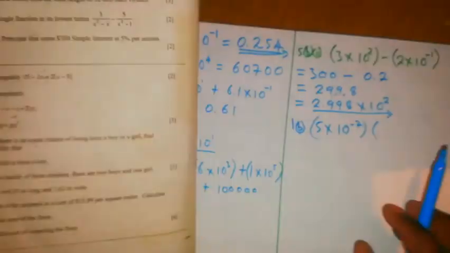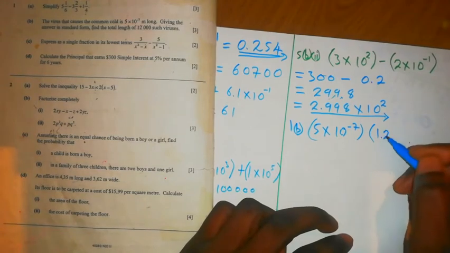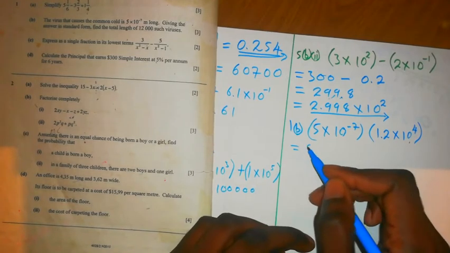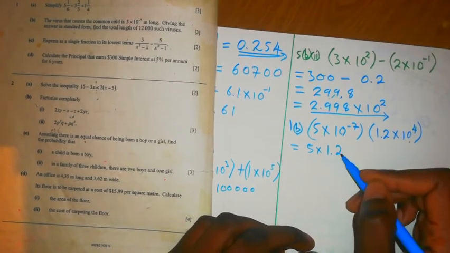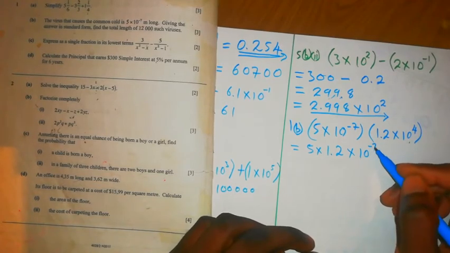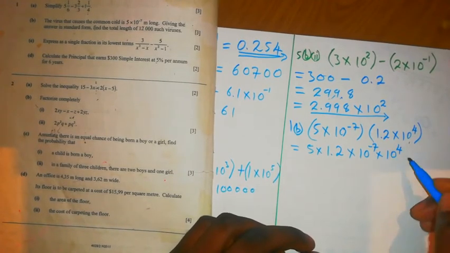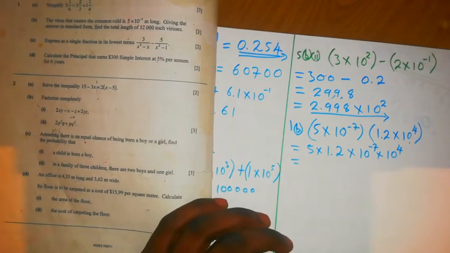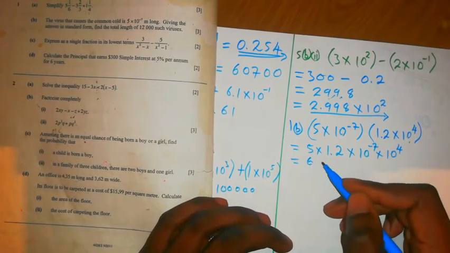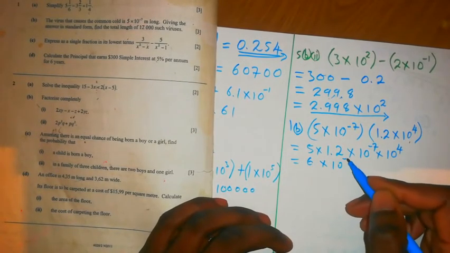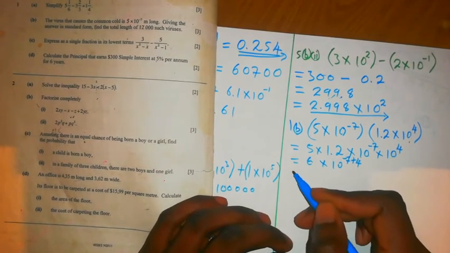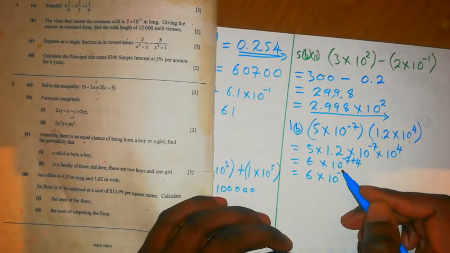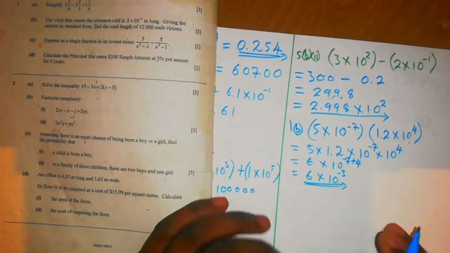This one was a normal number, so it's going to be 1.2 times 10 to the power of 4. So 5 times 1.2 times 10 to the power negative 7 times 10 to the power 4 is equal to 5 times 1.2, that's 6. I'm going to obtain 6 times 10 to the power of negative 7 plus 4, that's equal to 6 times 10 to the power negative 3. That is my answer.